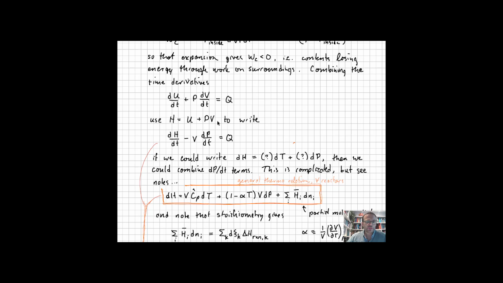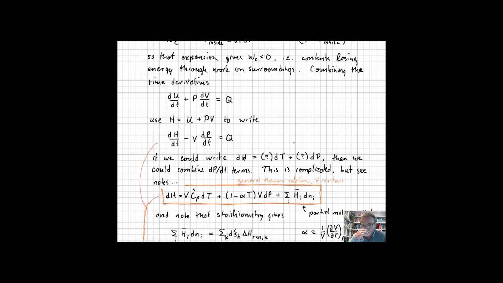Okay, and if I now plug that in and isolate the part that depended on U, dU/dt, I can now get rid of the dU/dt in favor of dH/dt, and now instead of a P dV/dt term, I have a minus V dP/dt term. Okay, lots of dPs and dVs. So this is just equal to Q.